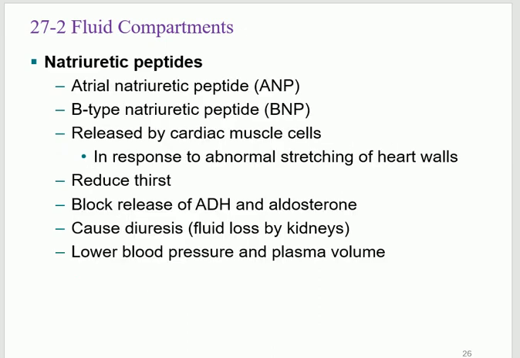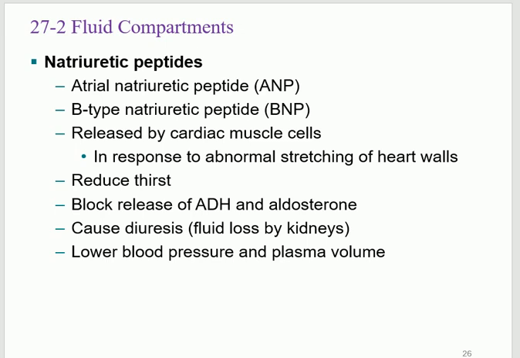Natriuretic peptides, several times we repeated that. Natriuretic, sodium in the urine. So it is sodium secretion. And when you get rid of sodium, you get rid of chloride and you get rid of water, right? So it is the opposite of ADH and aldosterone, especially aldosterone.